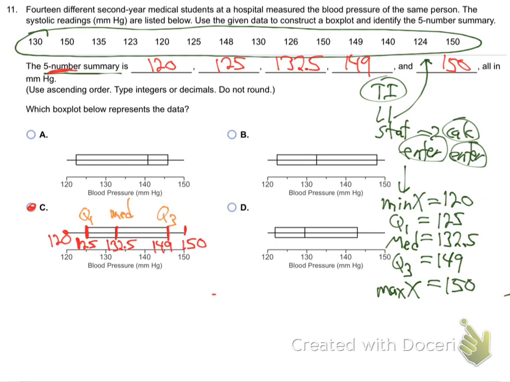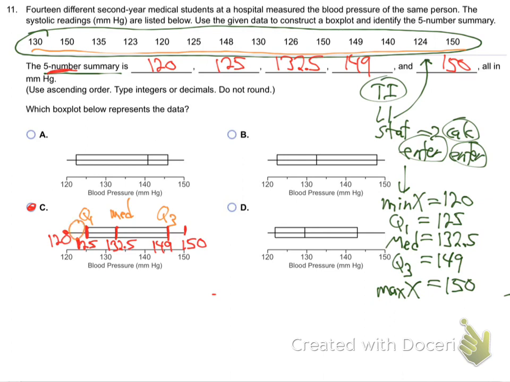What these 5 numbers are, they basically allow you to break a huge data set. We're only doing it on a few numbers here, but in real life they use this to break a huge, like 10,000 number data set into quarters. You're basically breaking it into 4 quarters, like a football game or basketball game.